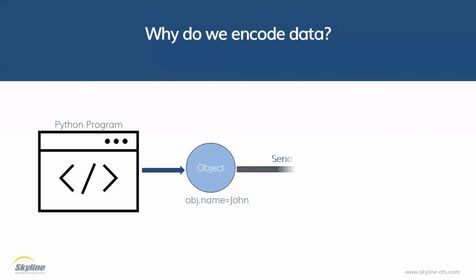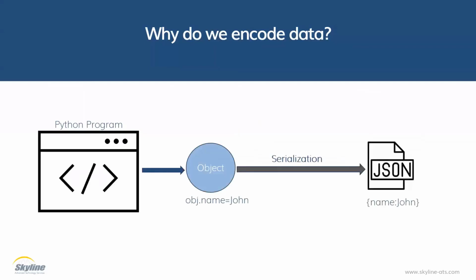I need to put it in some format, say JSON. When we take an object in an application and put it into a format like JSON, that's known as serialization.